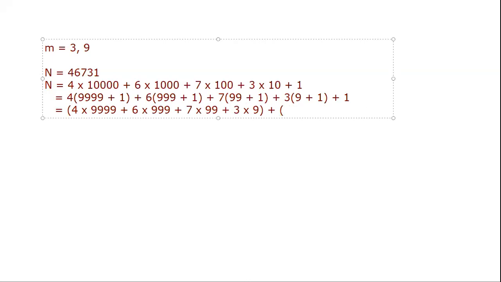And then you have the next one, which is essentially the digit sum. So this is clearly 9 times something.